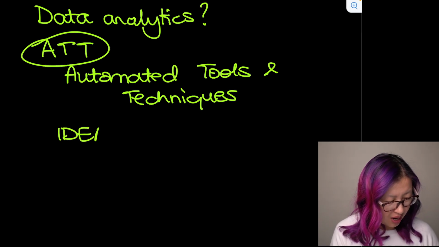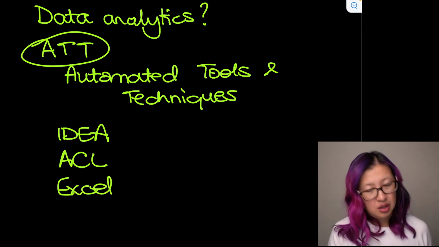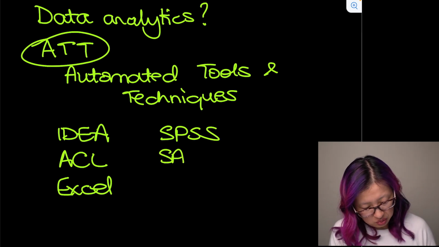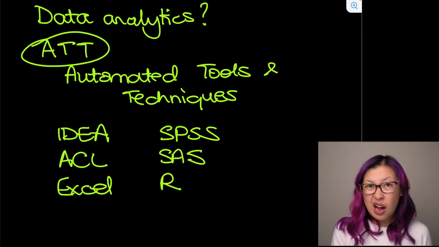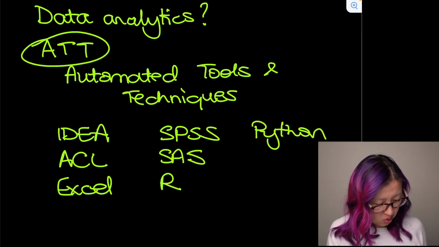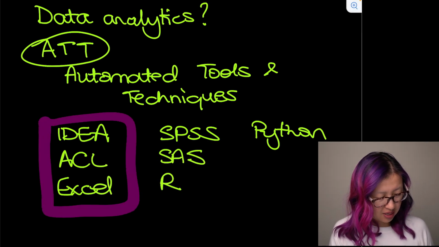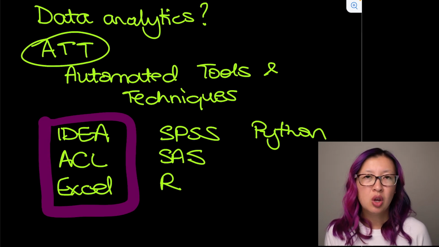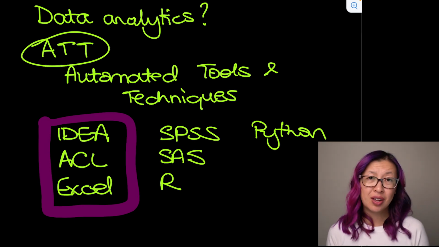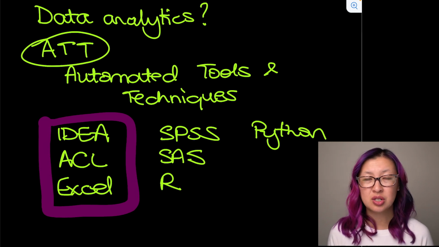So if you've used IDEA, if you've used ACL, Excel, just to name a few, you could be using SPSS, you could be using SAS, you could be using R now in more modern times, or Python. But of course, the ones that are a bit more user-friendly are IDEA, ACL, and Excel. Those are more common audit tools. Those tools that we've been using for analytical procedures and substantive analytical procedures are actually ATTs, automated tools and techniques.